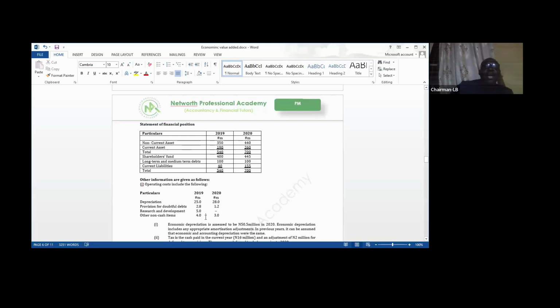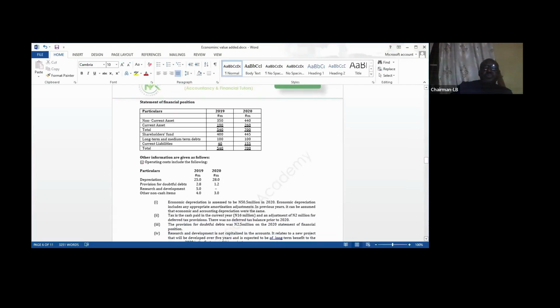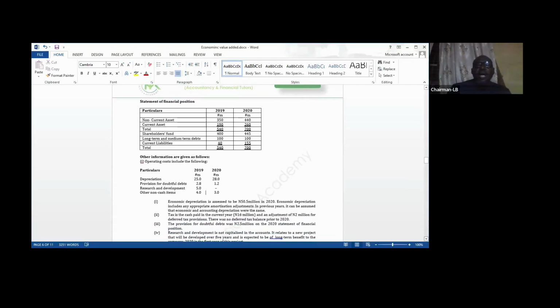We have non-cash items. Economic depreciation is assessed to be 50.5 in 2020. Economic depreciation includes an appropriate amortization adjustment in previous years.